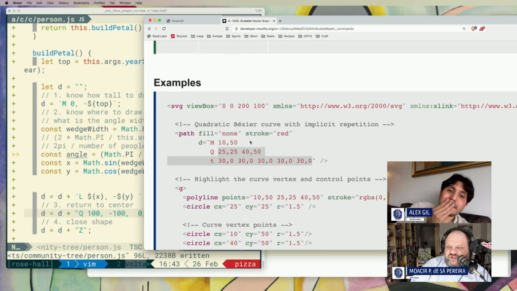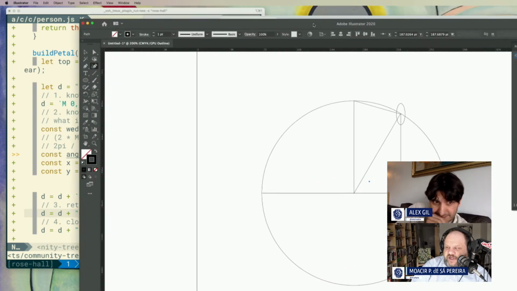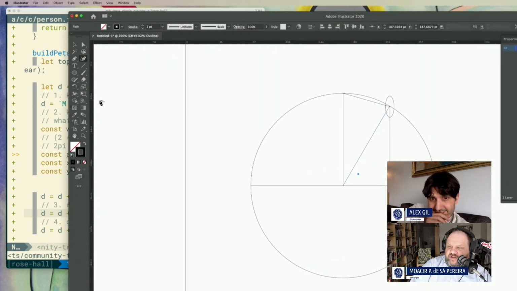So we need to calculate the control point along. Let me bring the Illustrator picture back. We need to calculate a control point that's somewhere in this space. Okay, how do you want to describe that? I wanted to do it by division. Well, that's one way to do this. We know this is 200 long.